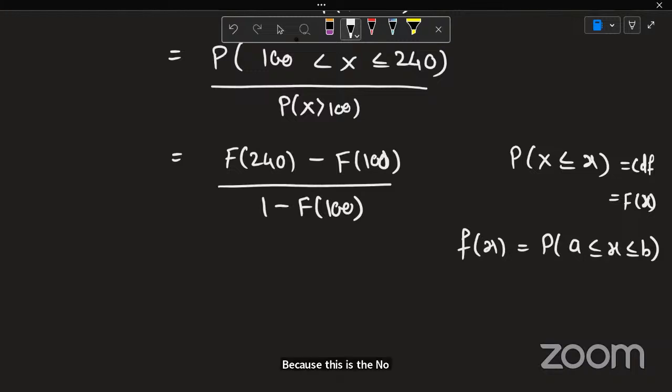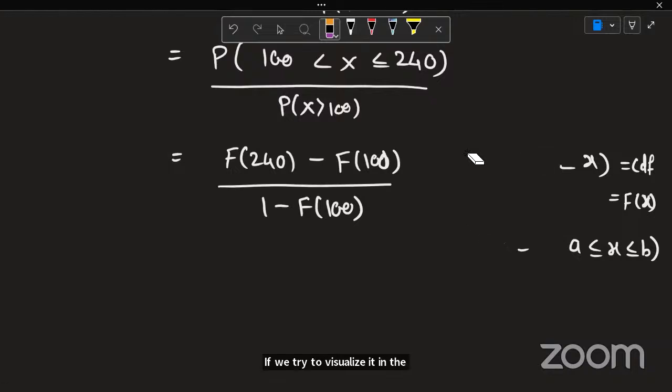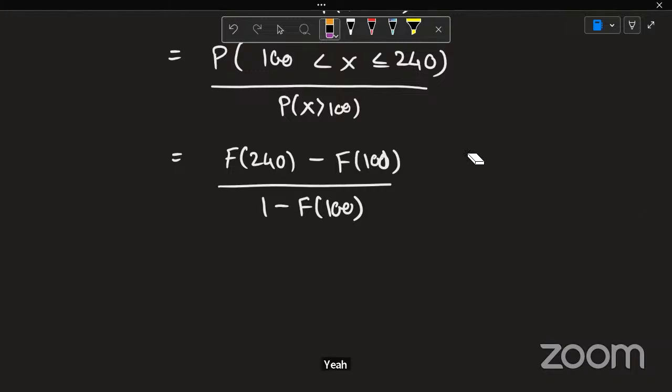If we try to visualize it under the curve, is that possible also, ma'am? Could we also attempt it like that? Yes, because we have discussed all these things in the last sessions. You were not there in the last sessions.